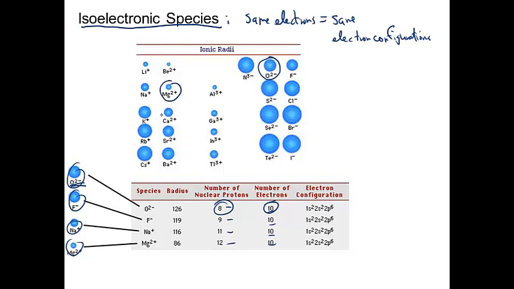Magnesium is the smallest because it's got 12 protons, the most protons pulling those same 10 electrons. So as the number of protons goes up, the size of the ion goes down because you have the same number of electrons being pulled in by more and more positively charged protons in the nucleus. And that concludes our periodic properties of the elements.